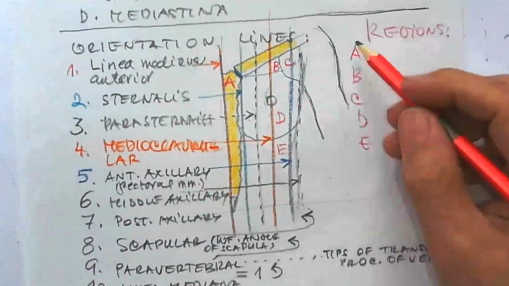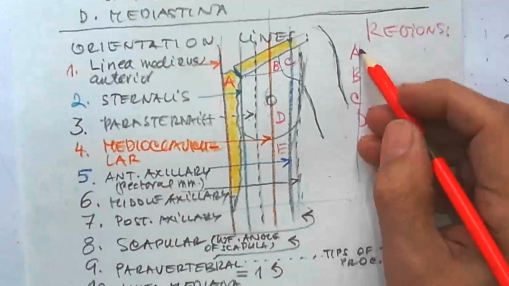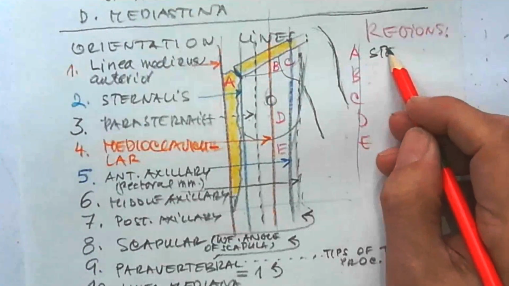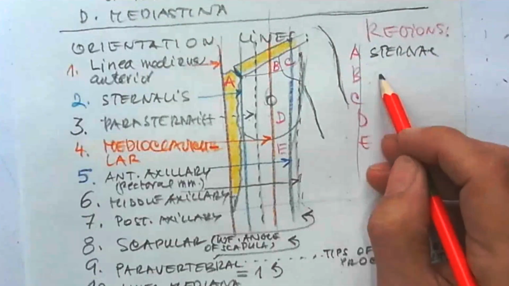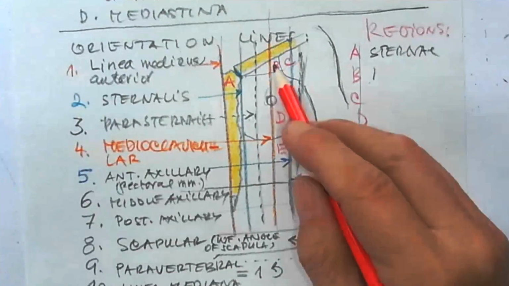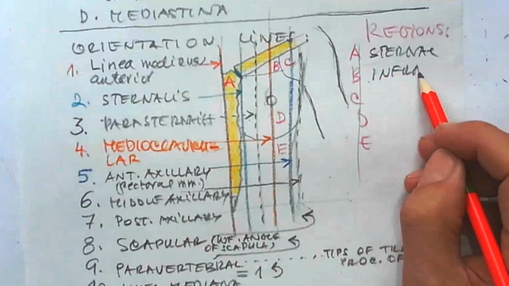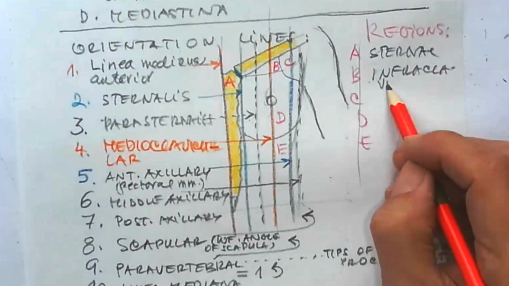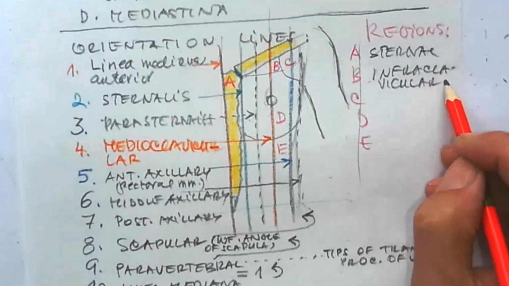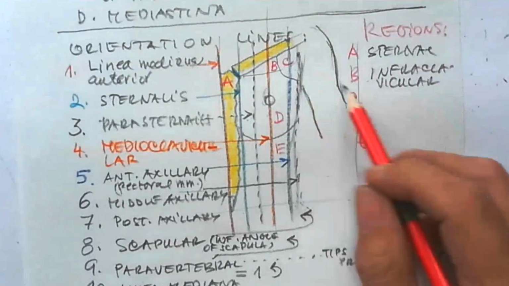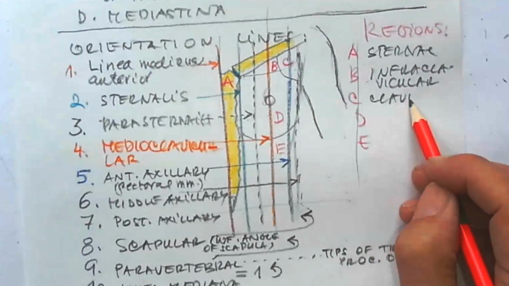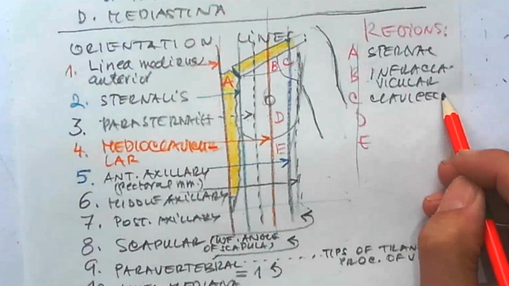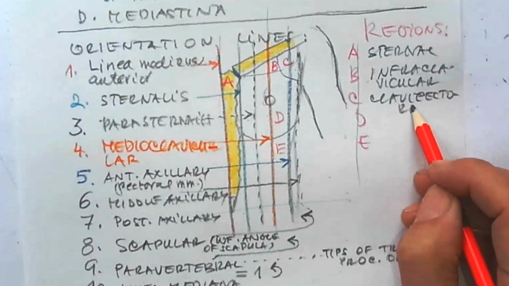All the names will be in the same row. A is the sternal region. Then B is infraclavicular. C is the clavipectoral.